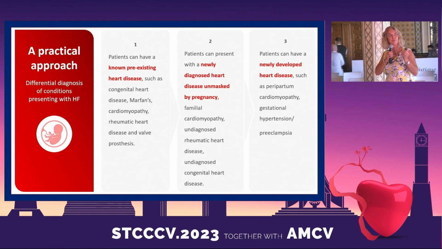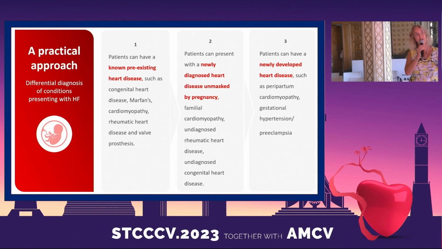So how do you start? What's the practical approach to cardiac disease in pregnancy? Patients present with heart failure. The patient can have a known pre-existing heart disease such as congenital heart disease, aortic valve leaks like Marfan disease, rheumatic heart disease or valve prosthesis. The patient can present with a newly diagnosed heart disease unmasked by pregnancy, and this is not rare.